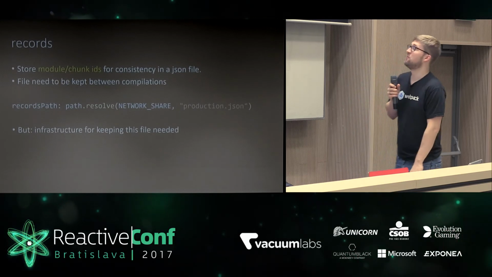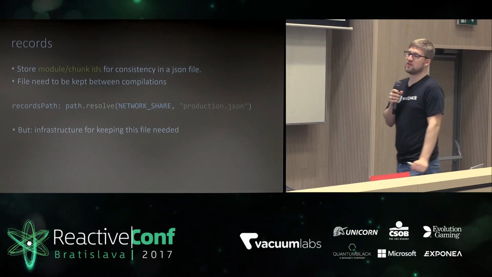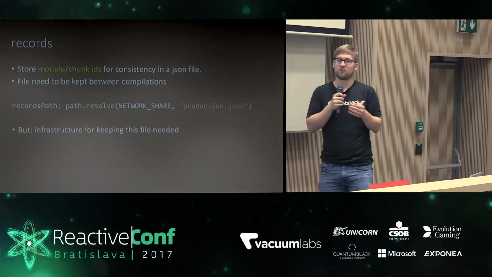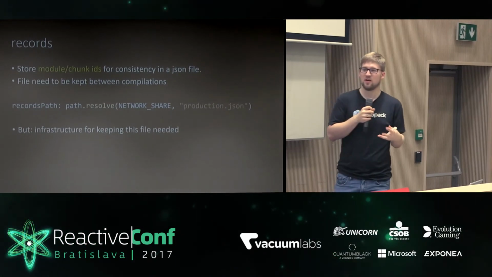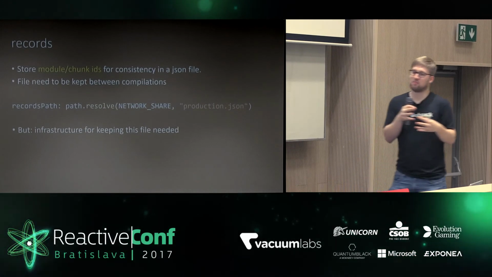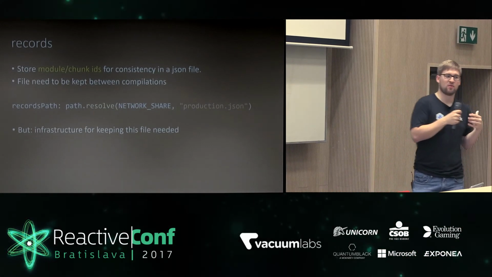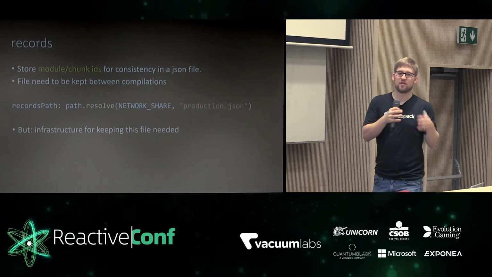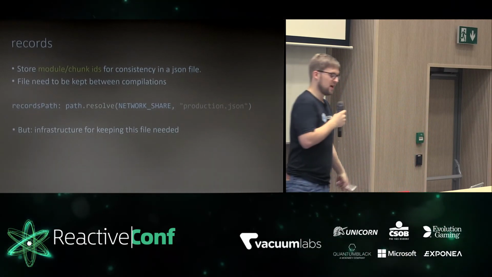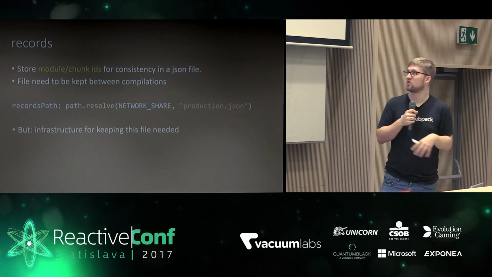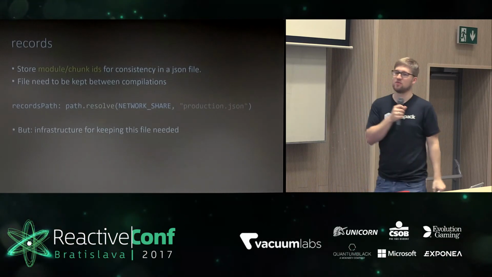The records. The problem with chunk hashes is that you have to avoid that the chunks are changing, but Webpack automatically chooses module IDs for you. So if you add some module, all the module names which are numeric and sequential may invalidate some vendor chunk or cause unwanted changes in your bundle.